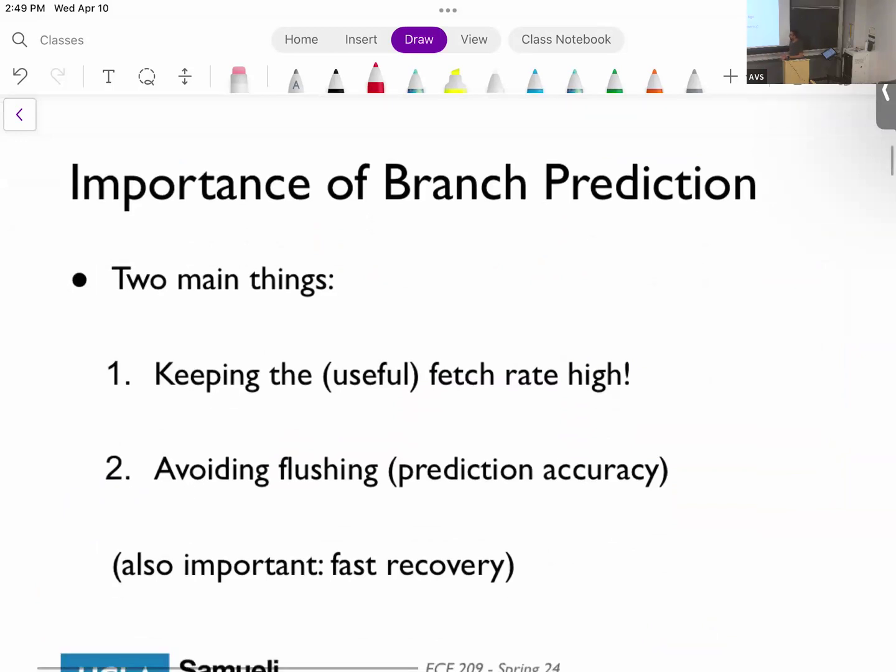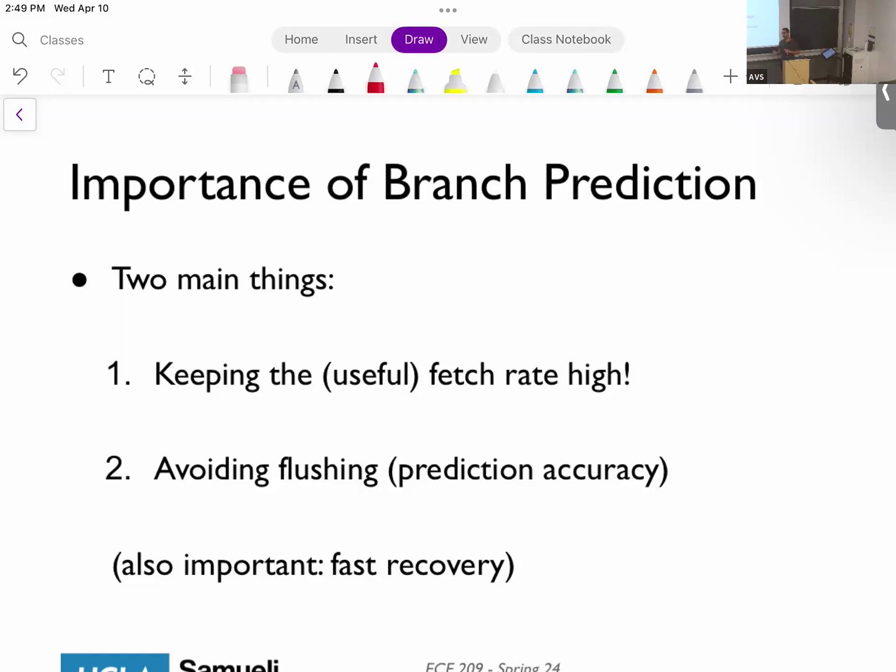So why is the branch predictor such an important component in a processor? There are two main reasons. One is that it keeps my fetch rate as high as possible, because if I can predict and keep the pipeline going, then I can keep up my IPC.